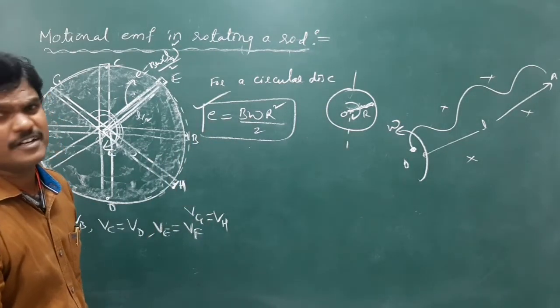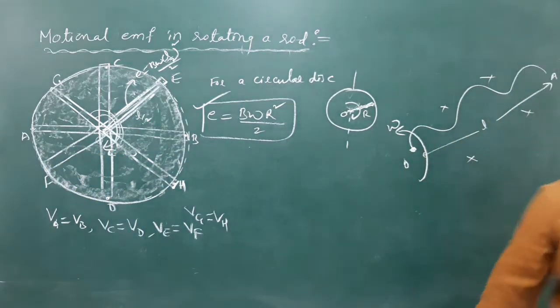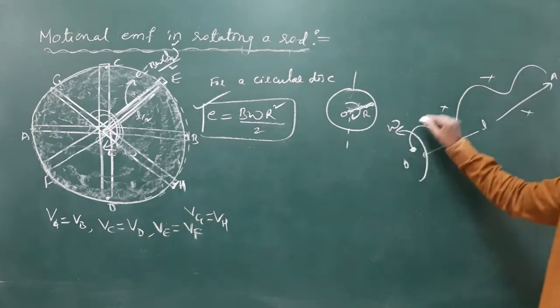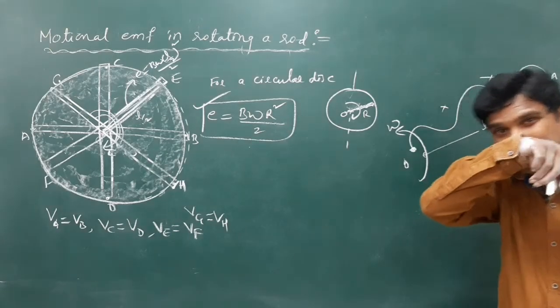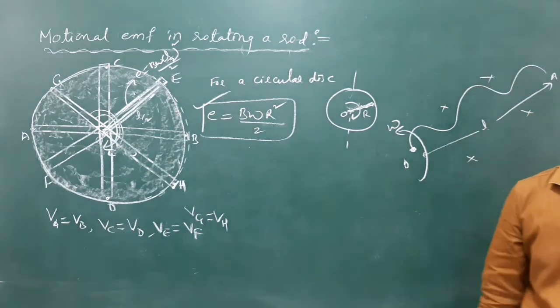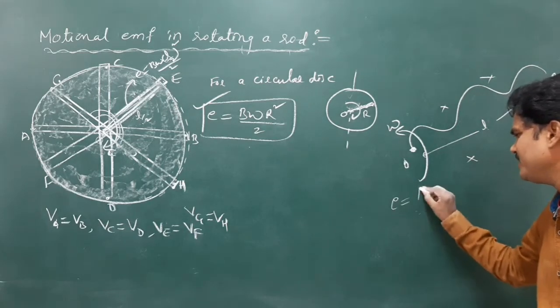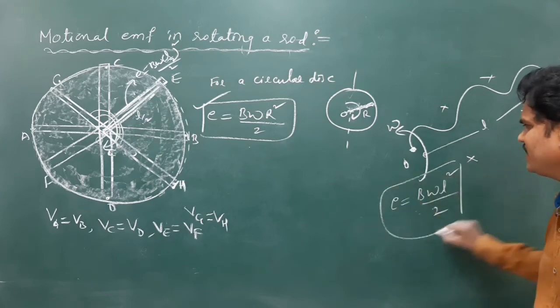Here they have given a wire of irregular shape, rotating about a fixed point O. The irregular wire is replaced by a rod whose length is L, because in EMF, V cross B dot L bar, L bar is not a distance, it is a displacement. So we can write directly the motional EMF here is B omega L square by 2 if it rotates.